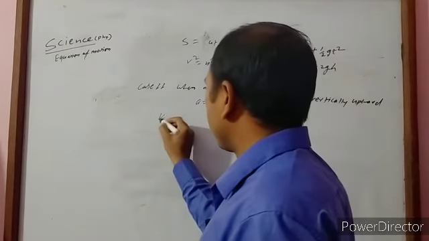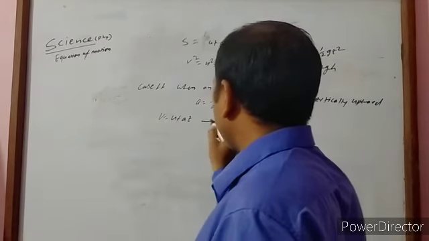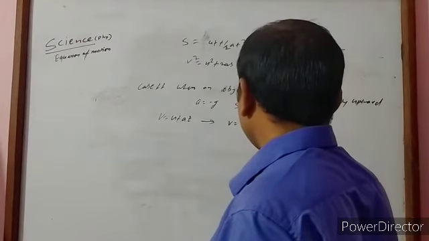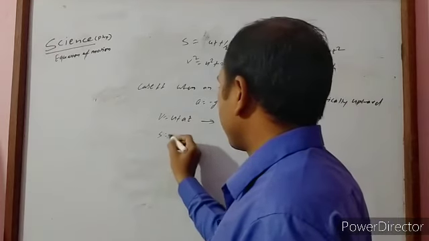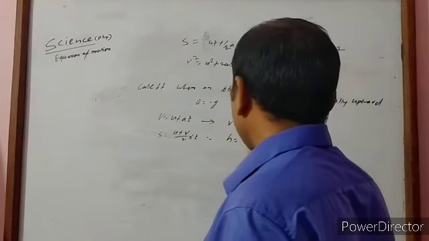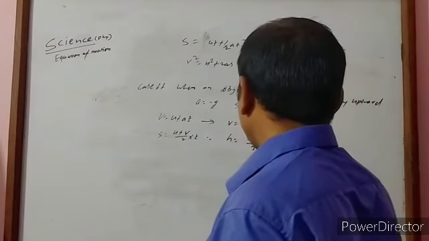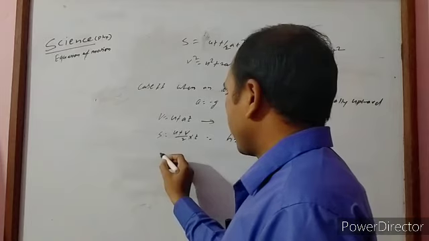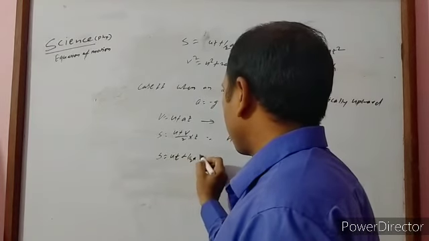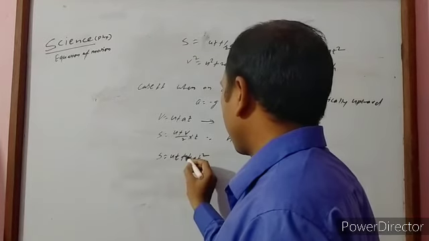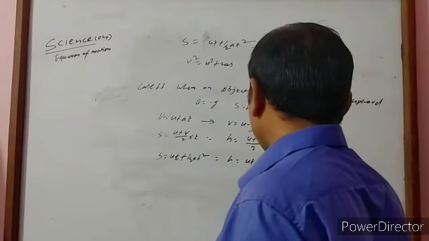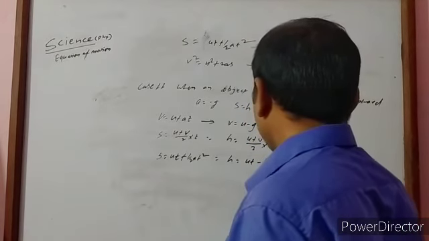At this condition, v is equal to u plus at becomes v is equal to u minus gt. Another, s is equal to u plus v by 2 into t, h is equal to u plus v by 2 into t. Another, s is equal to ut plus half at square becomes h is equal to ut minus half gt square.